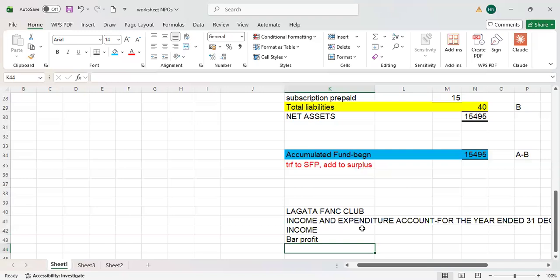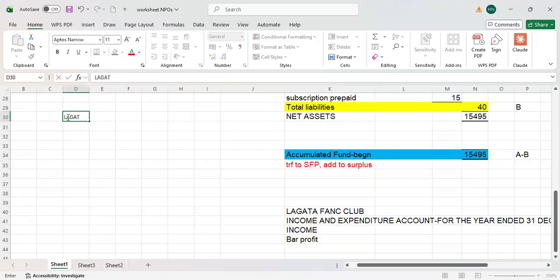So you open this also, put it down, and then you open your bar trading accounts. Magata Fund Club, bar trading accounts for the year ended 31st December 2021.